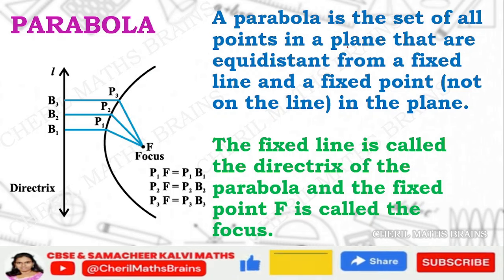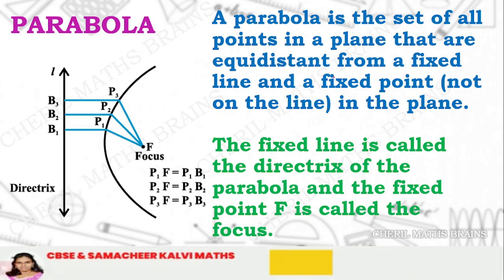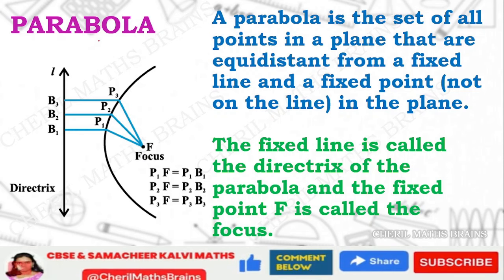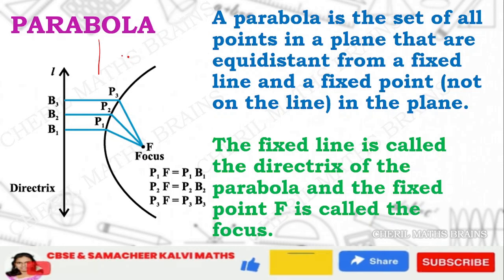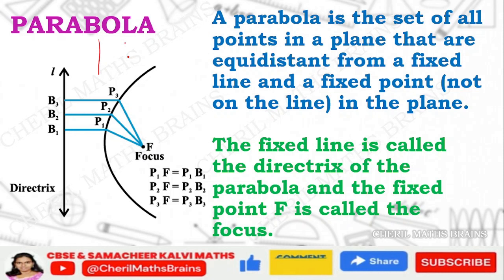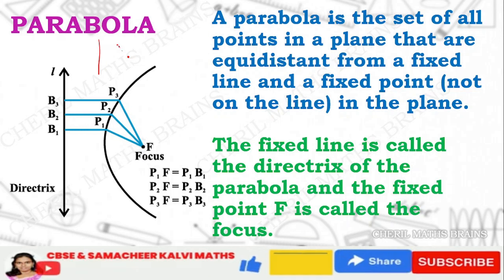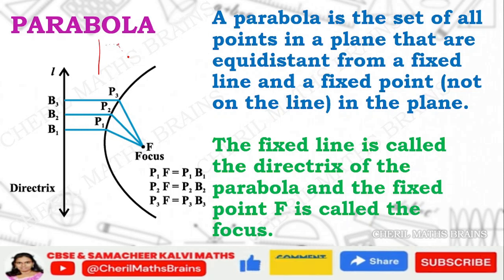A parabola is a set of all points in a plane that are equidistant from a fixed line and a fixed point in the plane. So we have a fixed line and a fixed point in that particular plane. You have several points, and whichever point you take, it is such that the distance to the line and the distance to the fixed point are the same.